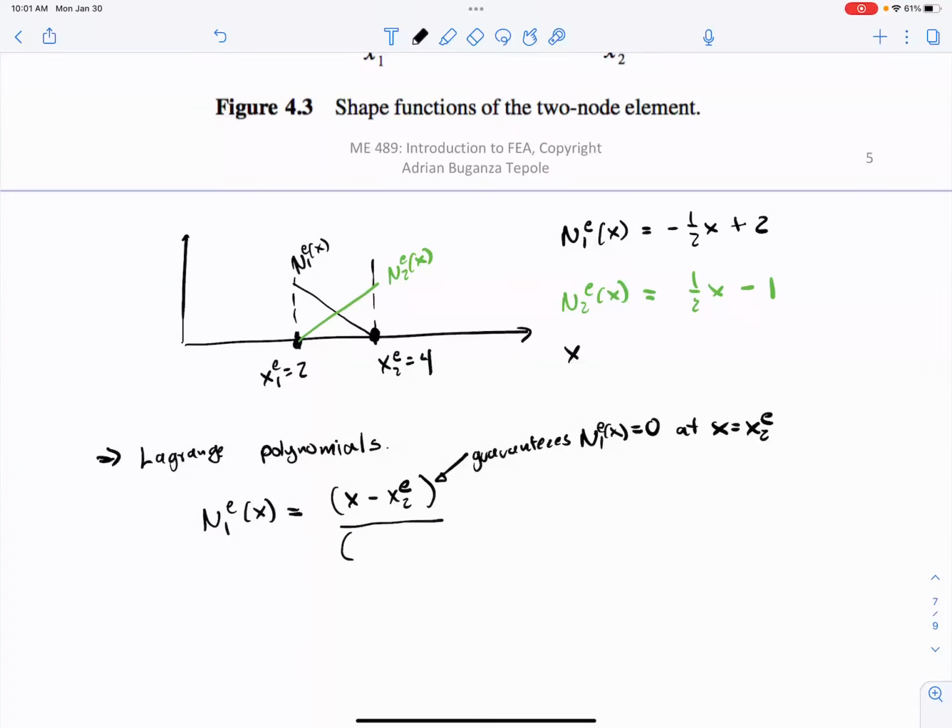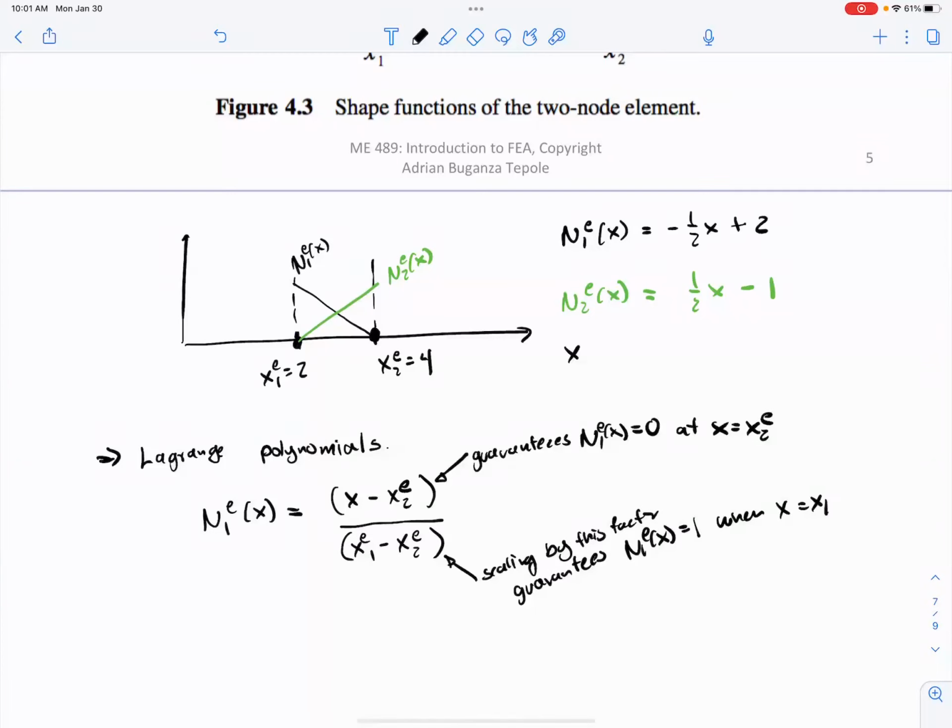All I need to do is scale by the correct factor. So this scaling guarantees that N1 of E is 1 when X equals X1.